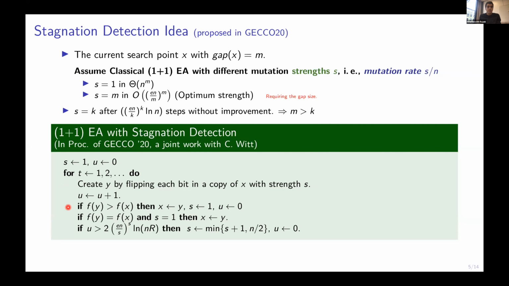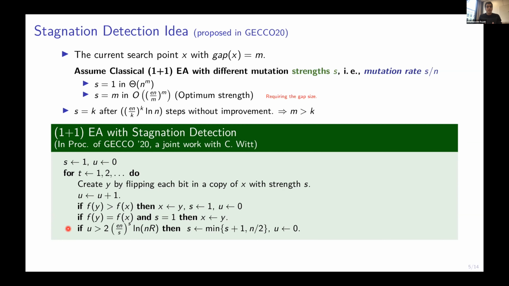Then if the new point is strictly better than the current stage point, the algorithm stores the new point and then sets the ascent to the initial ascent, and then resets the counter to count the number of failures for the new stage point. The algorithm accepts points with the same fitness value only where the ascent is 1.